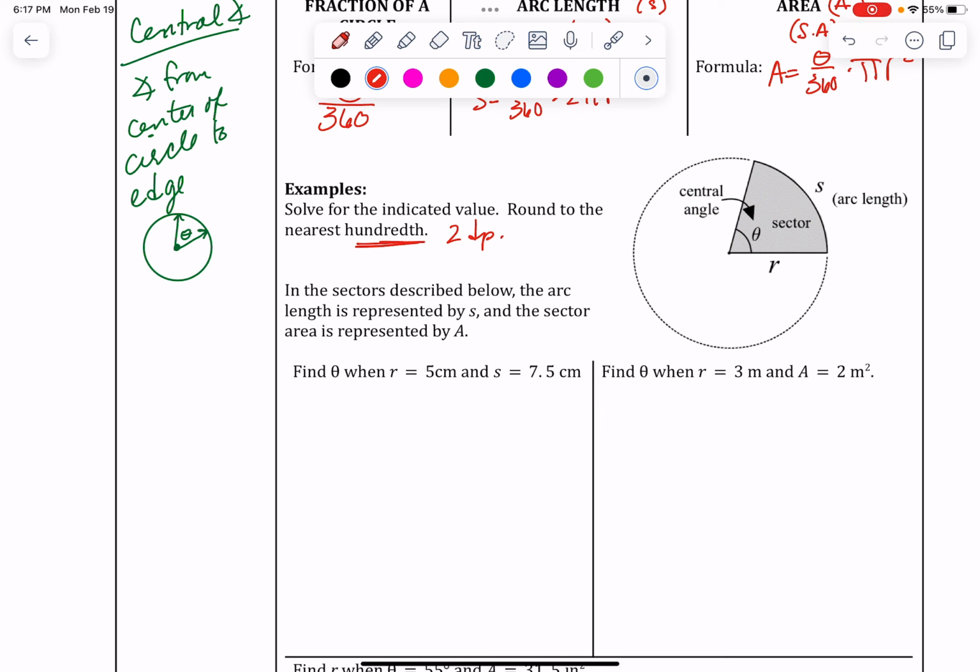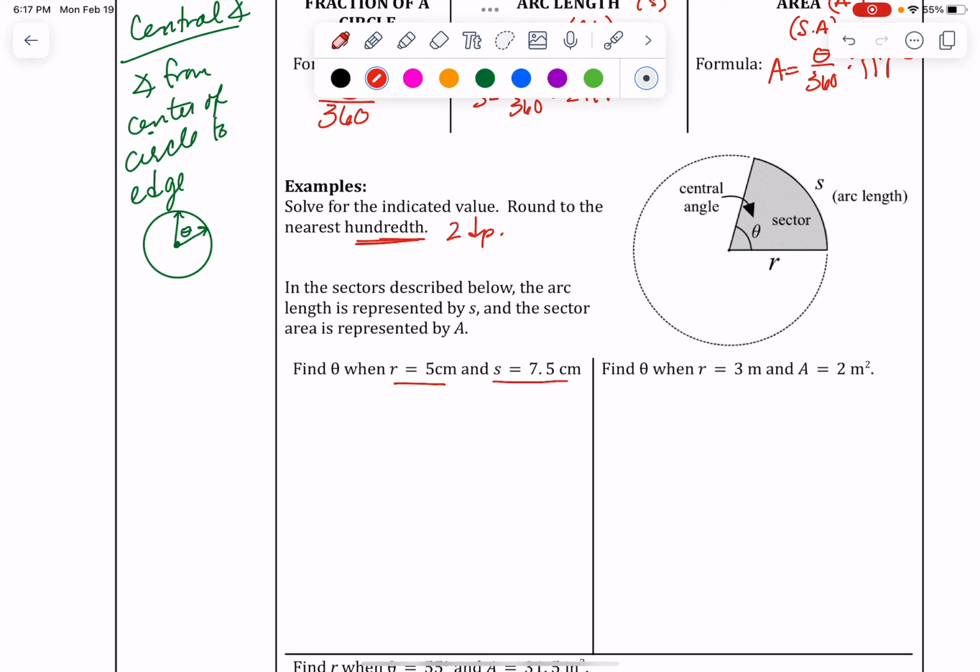So we're going to find theta when I have an R and an S. S stands for arc length. So S is theta over 360 times 2 pi r.